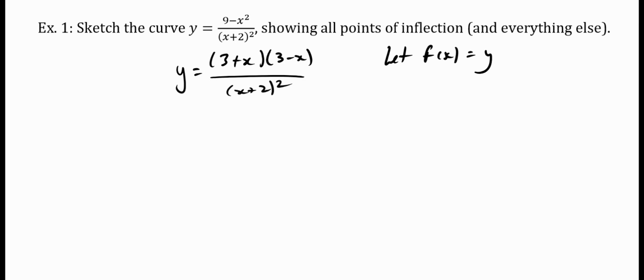You don't have to just copy me. You can beat me to the punch here. We're going to do the intercepts and the asymptotes so you can get started doing that stuff.